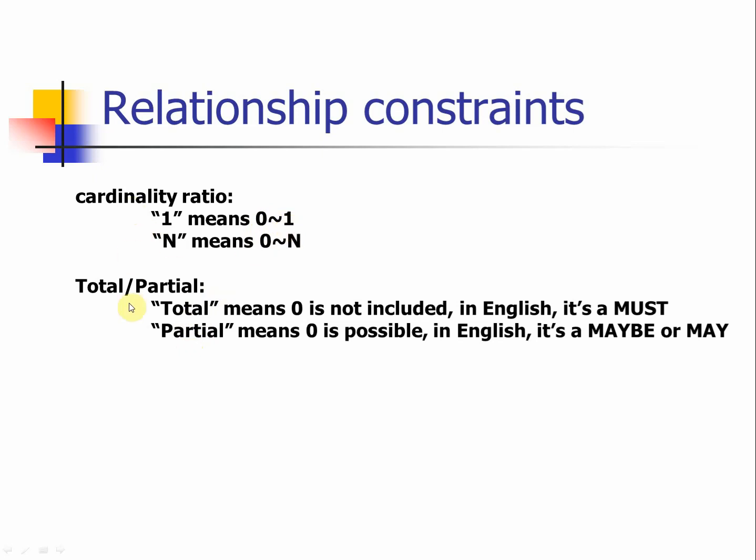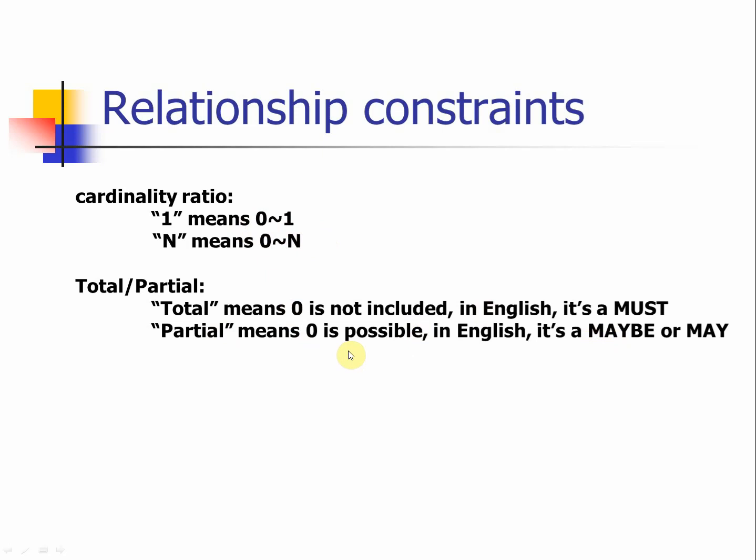So if we put two things combined together, a double line and a 1 on the other side, that means everyone has to have exactly 1 participation here. If you put a partial, that means 0 can exist. That gives you the English idea of maybe or may have 1 participation. So the 0 stands over there.